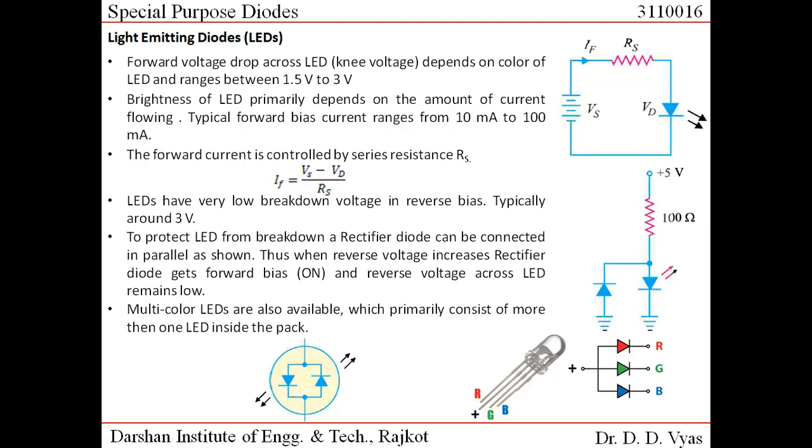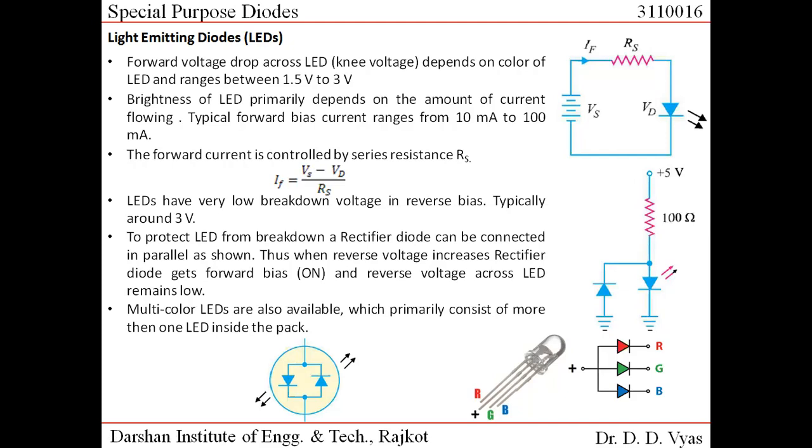If terminal R is connected to ground, the red LED would glow. If terminal G is connected to ground, the green LED would glow. And if terminal B is connected to ground, the blue LED would glow. So these are examples of different multicolor LEDs which are also available in the market.